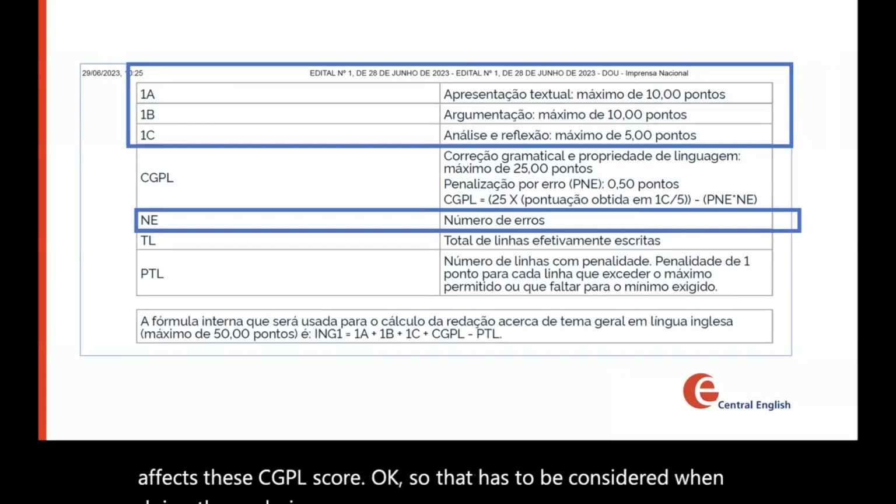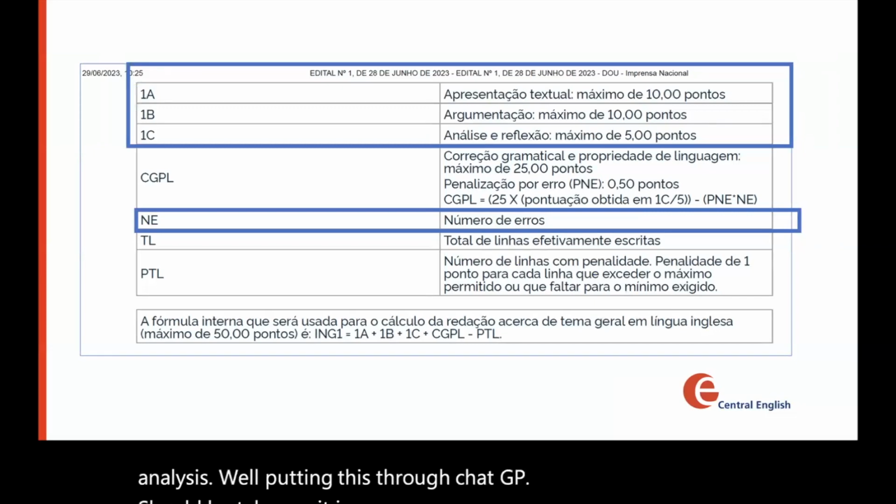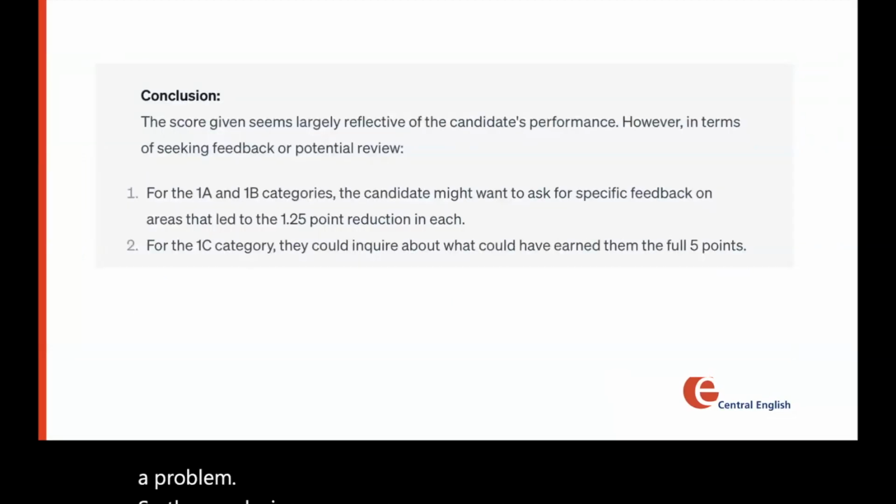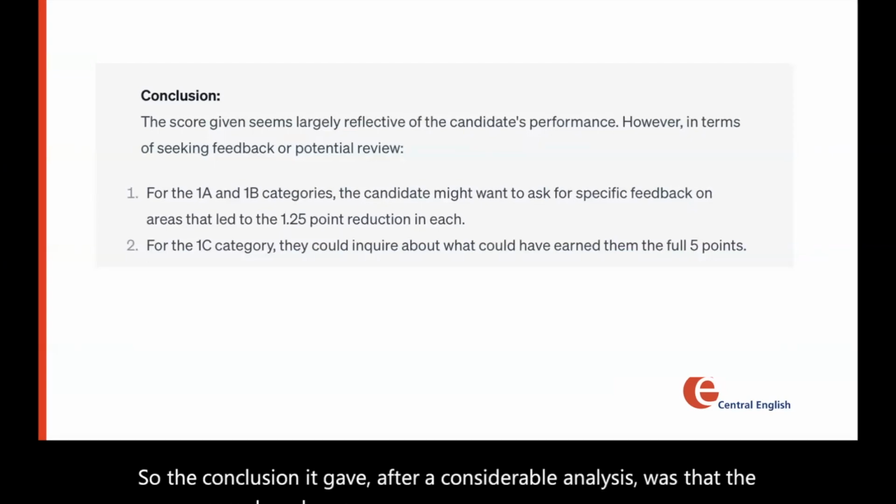Well, putting this through ChatGPT as it is gives us the answer without really much of a problem. So the conclusion it gave after considerable analysis was that the score seems largely reflective of the candidate's performance.